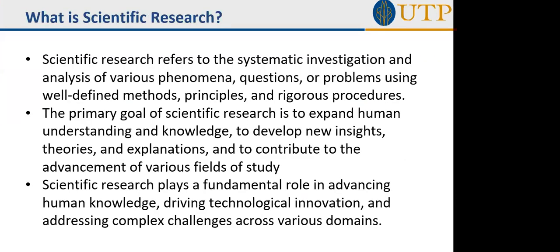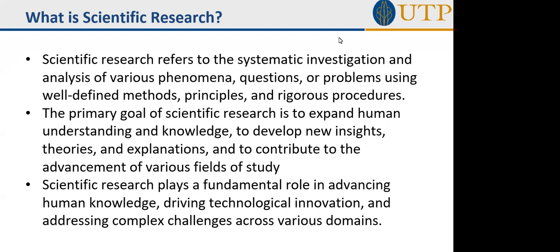So this is a book-based definition of scientific research. Scientific research refers to systematic investigation and analysis of various phenomena, questions, and problems, applying well-defined methods, principles, and rigorous procedures in order to analyze different phenomena that we have in computer science, information systems, data, artificial intelligence, and so on.